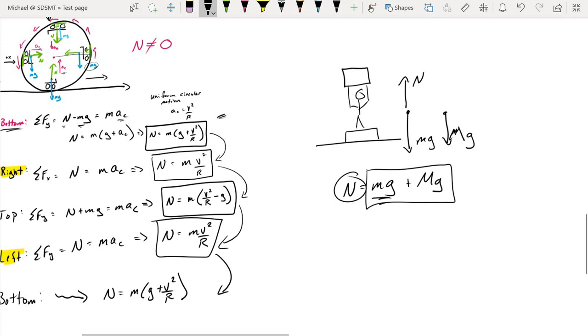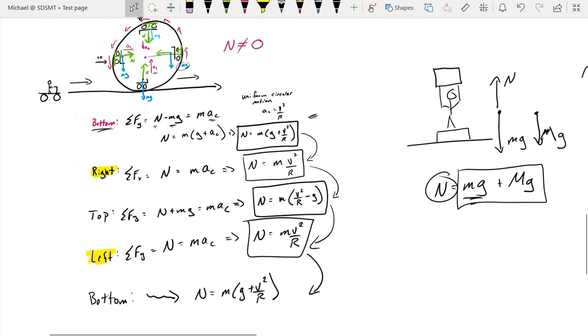If you jump up and then jump down, well, that's going to momentarily change the amount of force that presses down on the scale, which is going to change the amount of counter force that the scale has to provide.